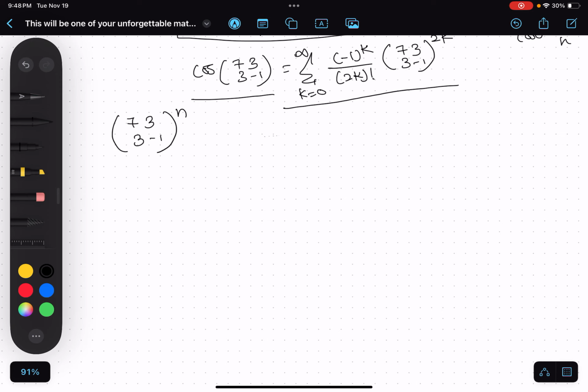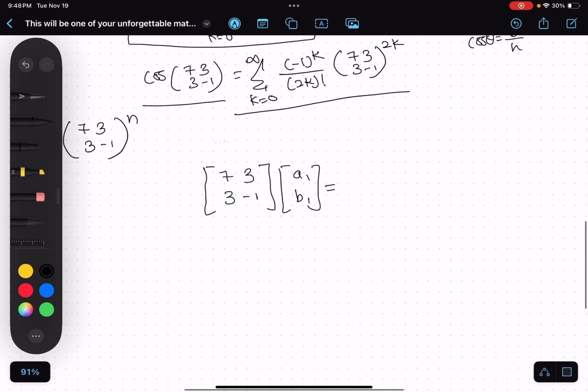This idea is related to the fact that for almost every matrix, not every, there are some vectors such that if you multiply the matrix with the vector, the only thing that happens is that the vector just gets scaled, that means multiplied by a scalar. Let me show you one example.